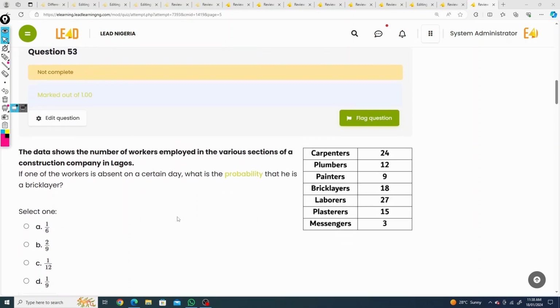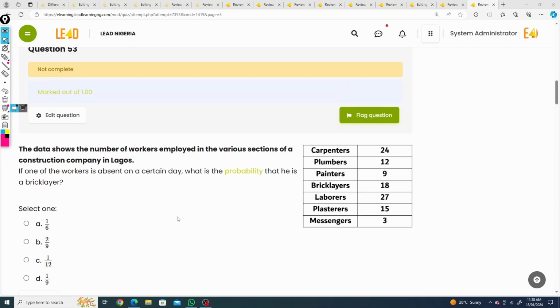Okay, 53. The data shows the number of workers employed in the various sections of a construction company in Lagos. If one of the workers is absent on a certain day, what's the probability that he is a bricklayer? All right, so that would be bricklayers out of the total, right? So that would be 18 out of the total. So we need to total this.